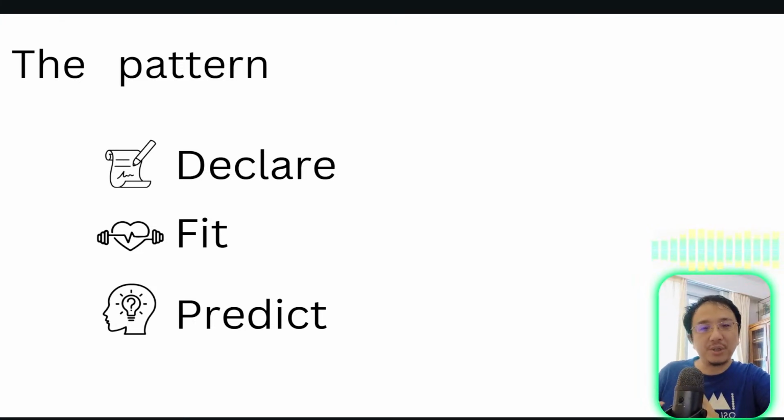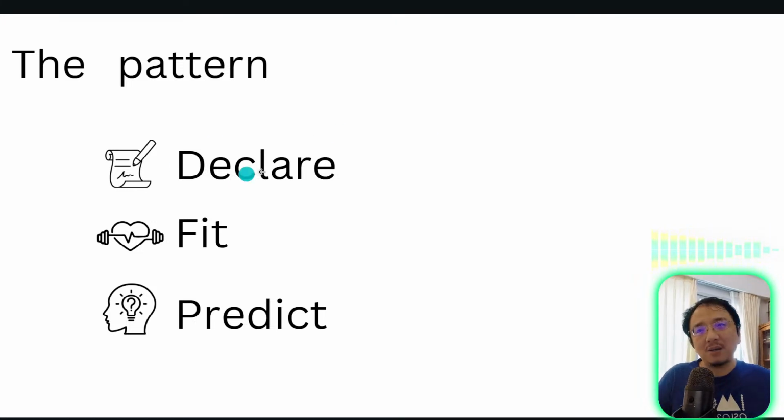But the good thing is it has a fixed pattern. These 3 things are for every task of machine learning, every different backend, every different algorithm. You only need to learn these 3 things.